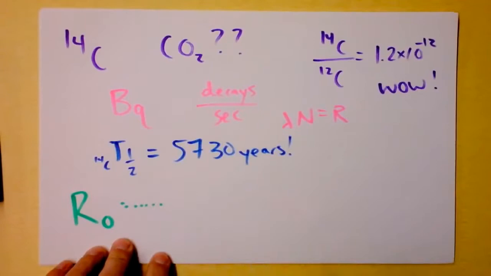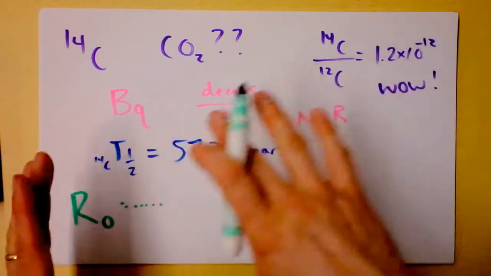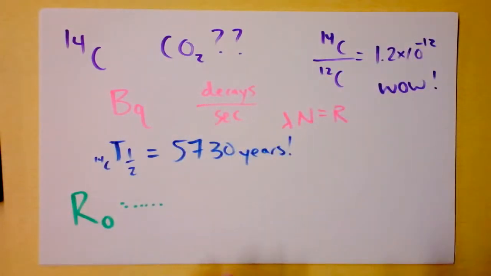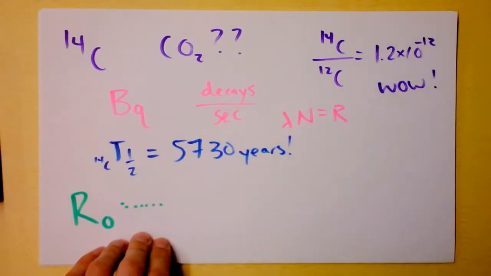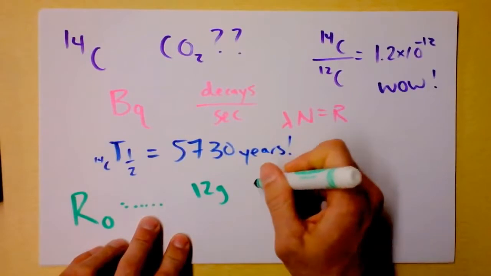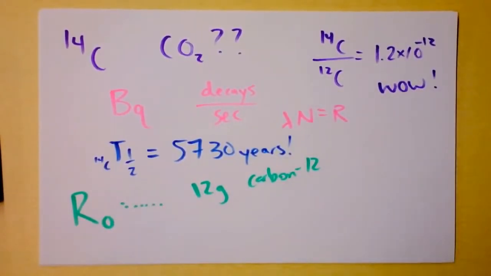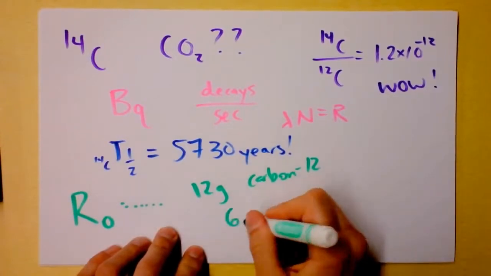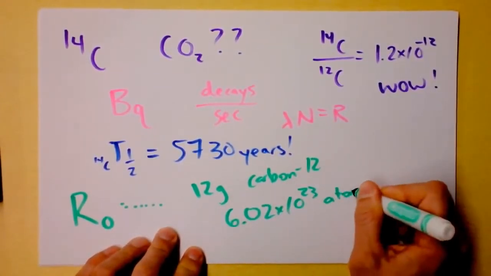Here is our quest to find the initial activity of our sample of 1 gram of carbon, back when it was originally dead, and then we'll be able to investigate our current activity of that sample and figure out some things about it. 12 grams of carbon-12 has, by Avogadro, 6.02 times 10 to the 23rd atoms.